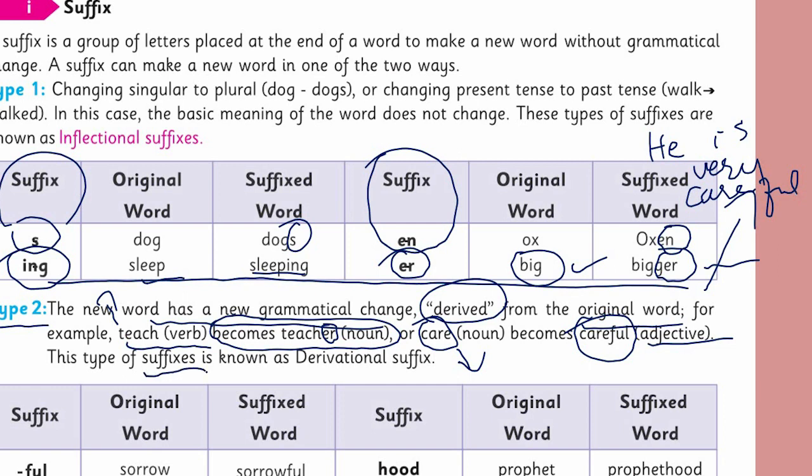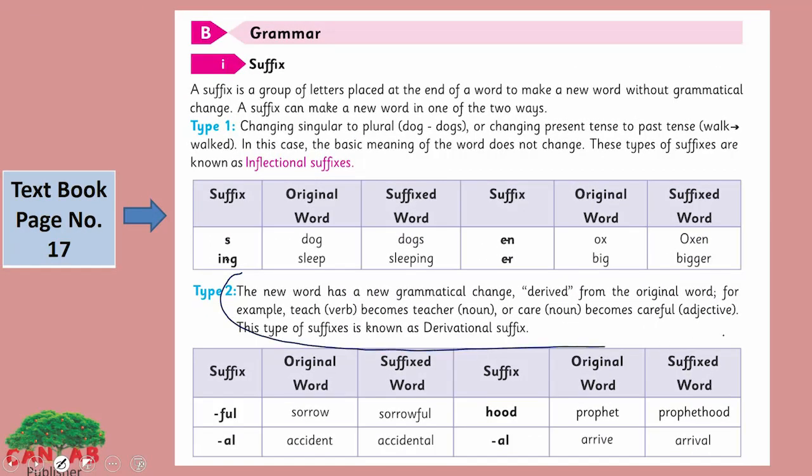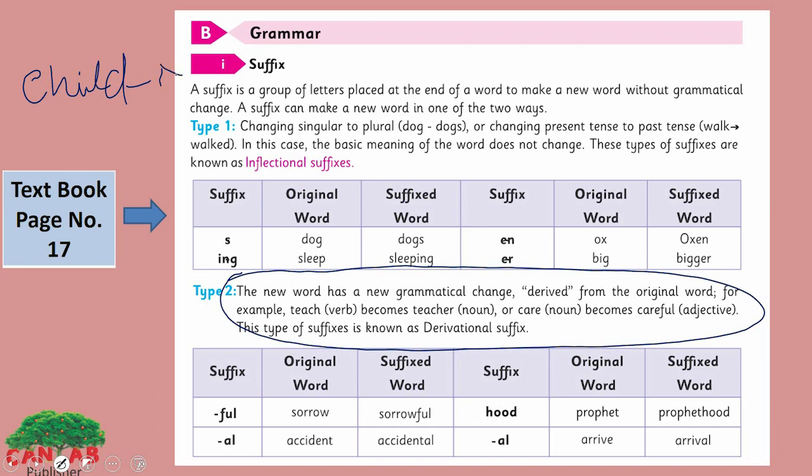This type of suffix is known as a derivational suffix. The type we have discussed here is called a derivational suffix. Let me give you another example, like child is a noun here and it becomes an adjective when we add ish here, childish.